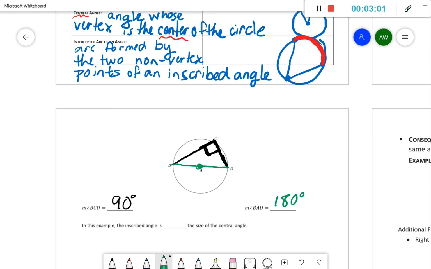So in this example, the inscribed angle is what compared to the central angle? If you saw those two numbers, 90 and 180, hopefully you realize that 90 is half of 180. This should start to get your mind working and saying, oh, the inscribed angle was half of the central angle in this example. I wonder if that will be true in the future as well.